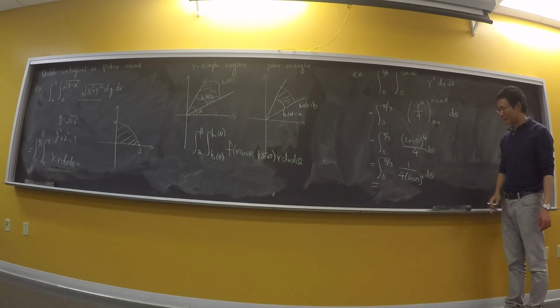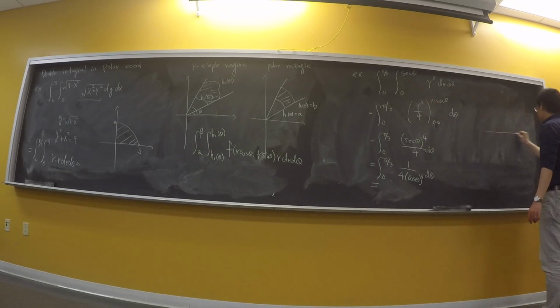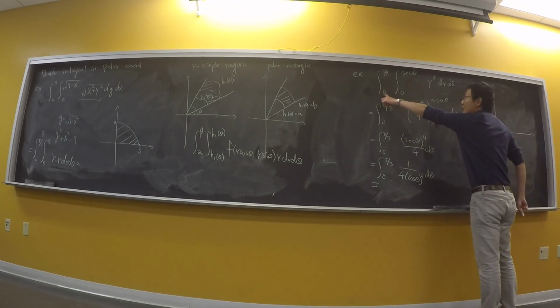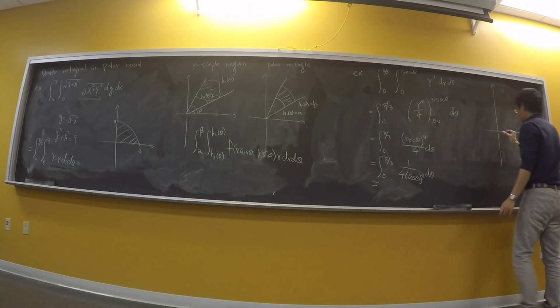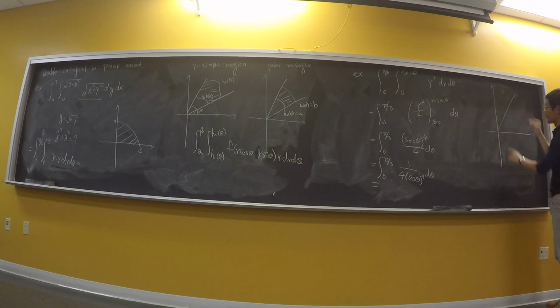I'm stuck right here, so I need to look at this region and at least sketch where it is. Theta is between 0 and pi divided by 3. So essentially I have a ray which is the positive direction of the x-axis, and I also have a ray coming from the origin at 60 degrees.